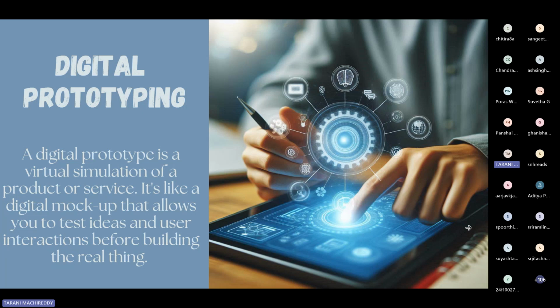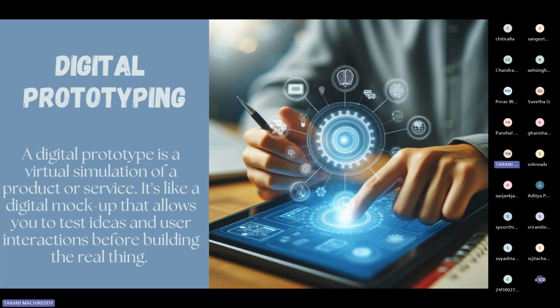A digital prototype is a virtual simulation of a product or service. It is more likely to be virtual, and it's like a digital mockup that allows you to test ideas and user interactions before building the real thing. As I mentioned here, it is computer generated and represents the design of a product or system.